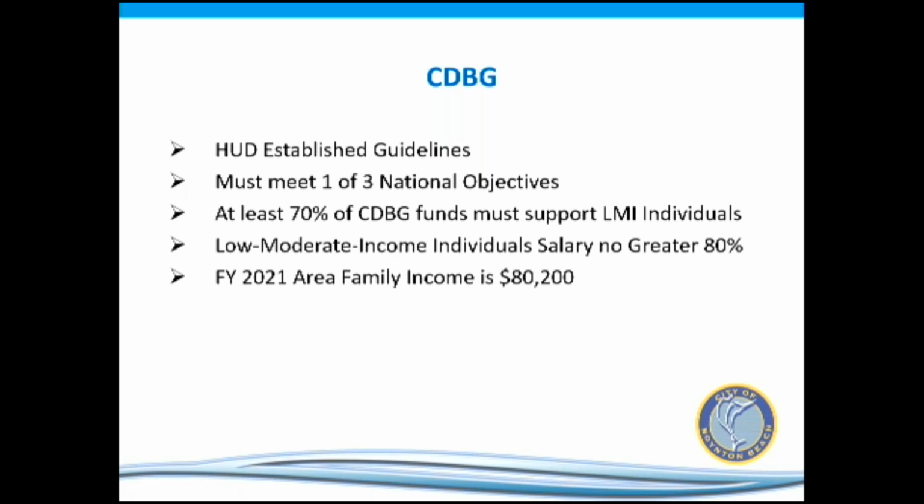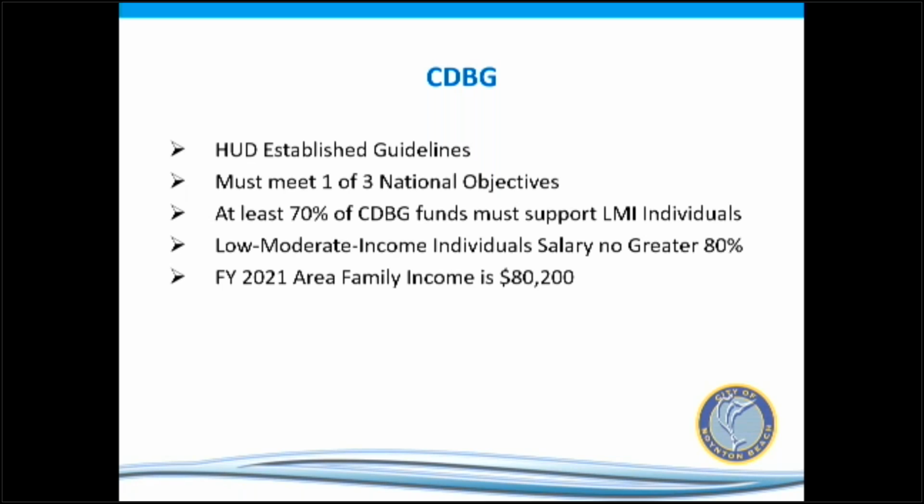At least 70% of the funds have to serve this sector of the population. What is considered a low to moderate income individual is a family gross median income for the area that has to be less than 80%.